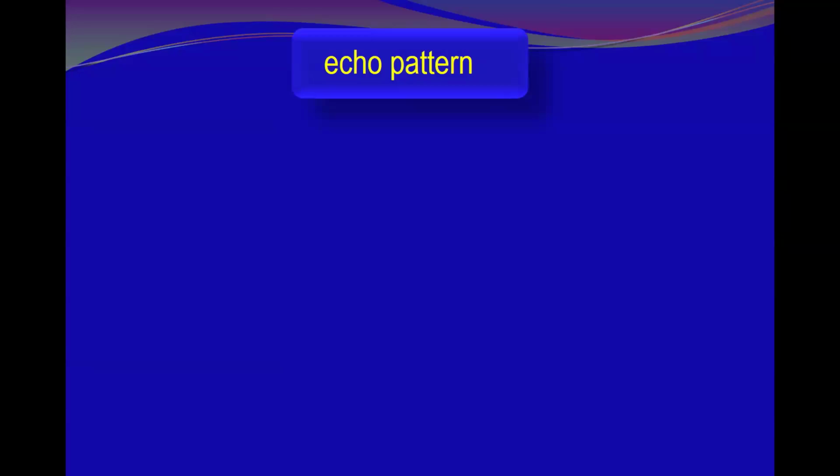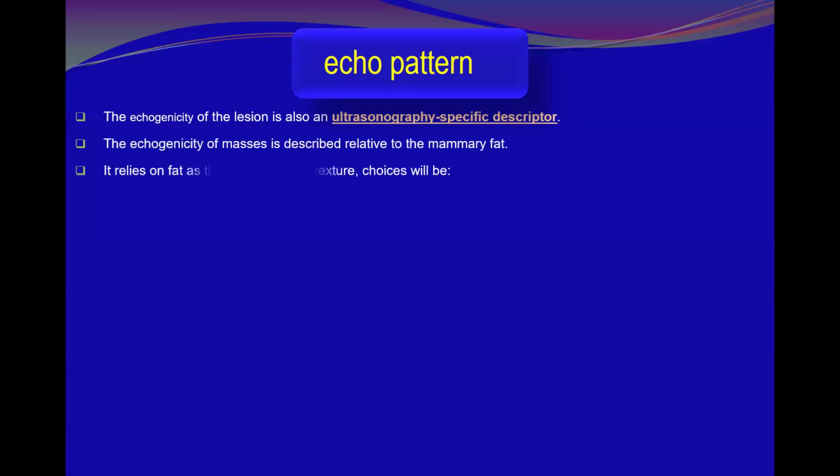Okay, talking about the descriptors of the echo pattern, or internal echo pattern, of the lesions. As we mentioned earlier, the mammary fat is the reference for breast echogenicity, and we can correlate any lesions or structures to the fat.